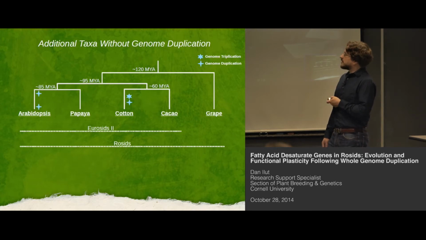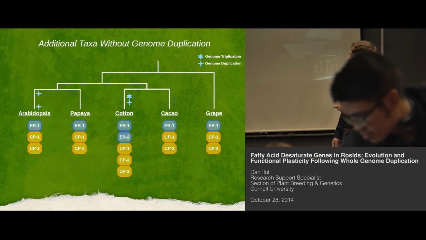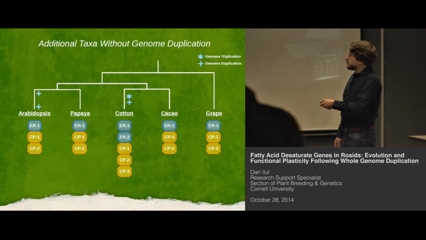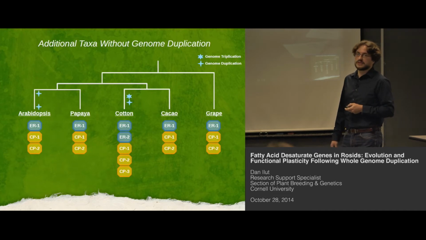So given this sampling, we looked for the genes in the genome sequence, and we have these genes from Arabidopsis that we've identified previously. We have the genes we identified in our study in cotton, and the genomes of these diploids all had this pattern: 1 ER copy and 2 chloroplast copies.